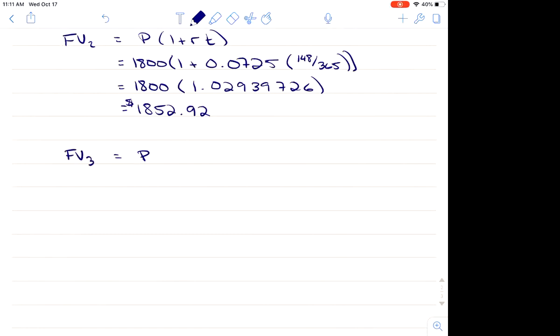Future value 3, same deal. Tedious, but to be quite honest, I like tedious.